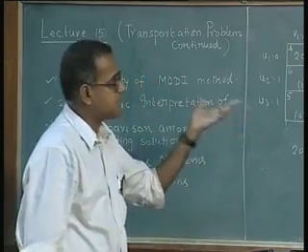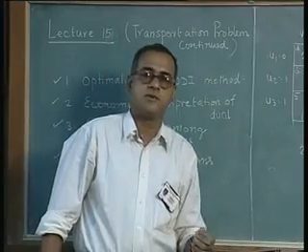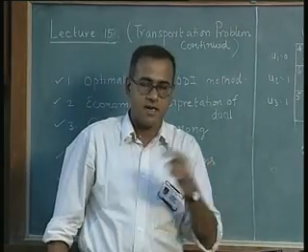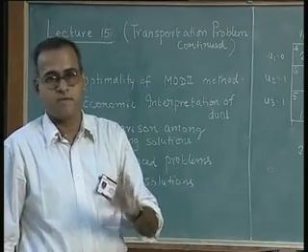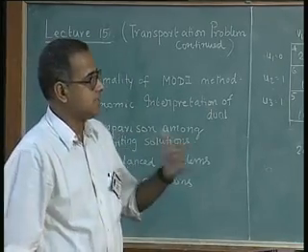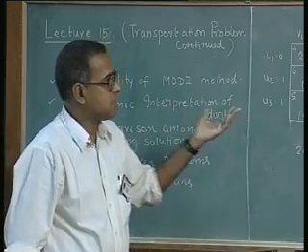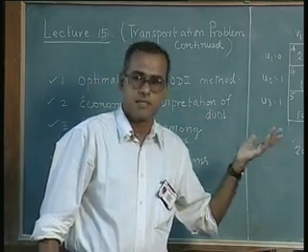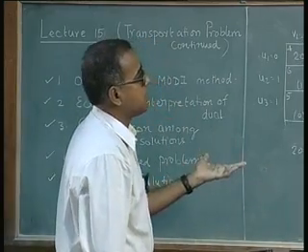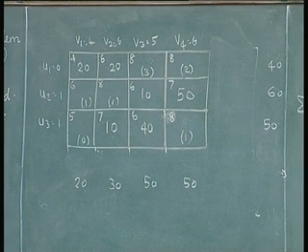Because of the special nature of the transportation problem, we followed an algorithm which started with a very good basic feasible solution using Vogel's approximation method and then proceeded towards the optimal solution using the MODI or the stepping stone method. So transportation problems certainly used special algorithms compared to the simplex.